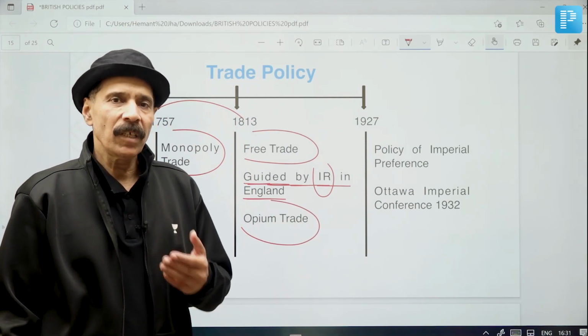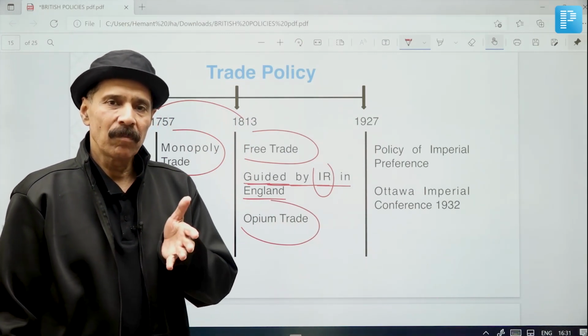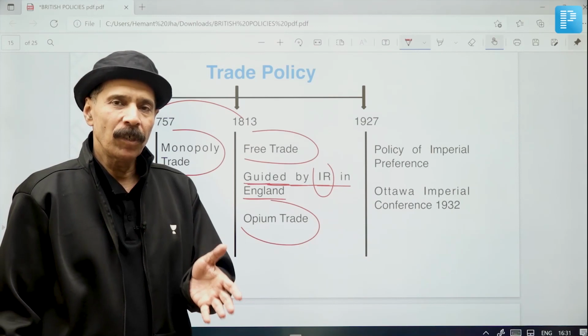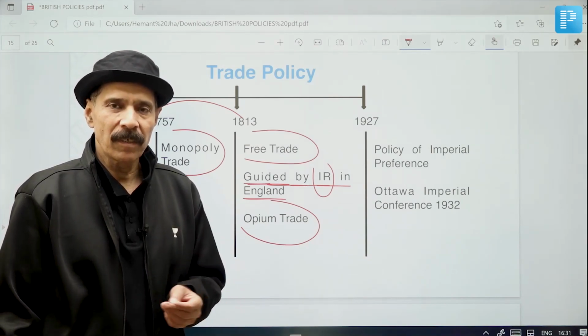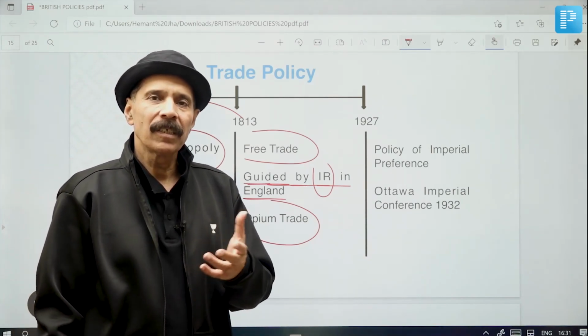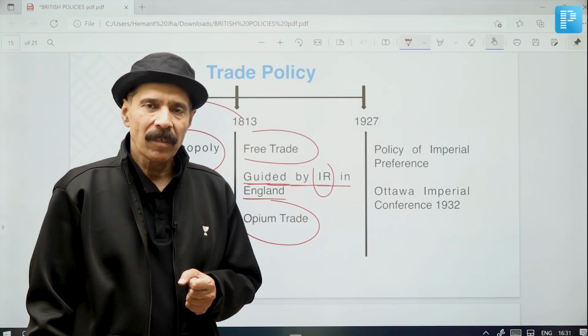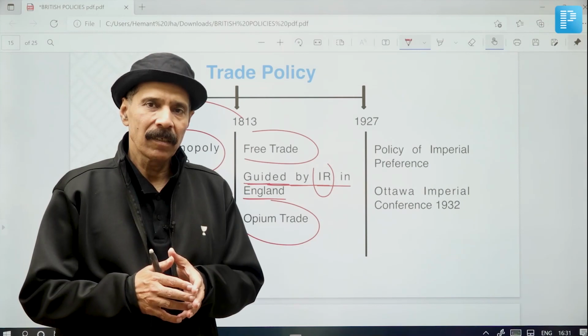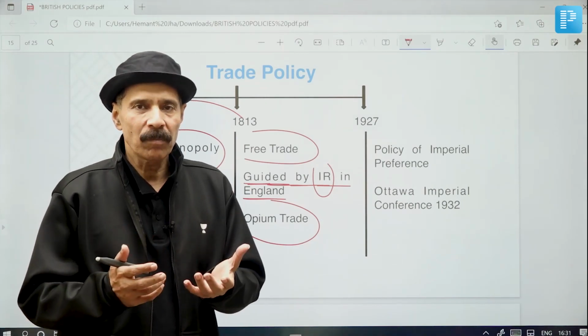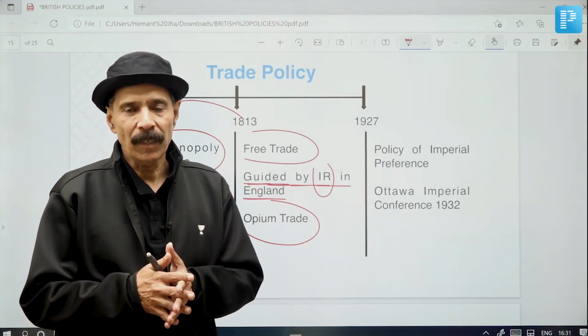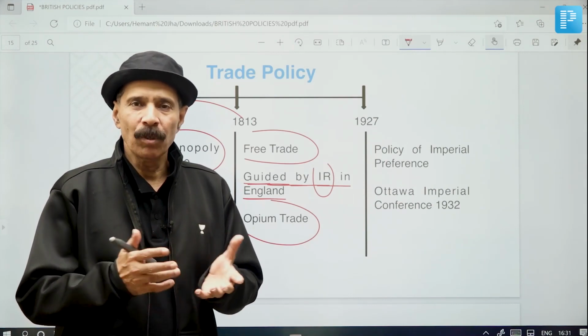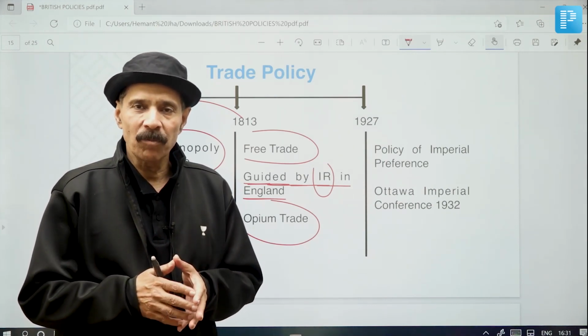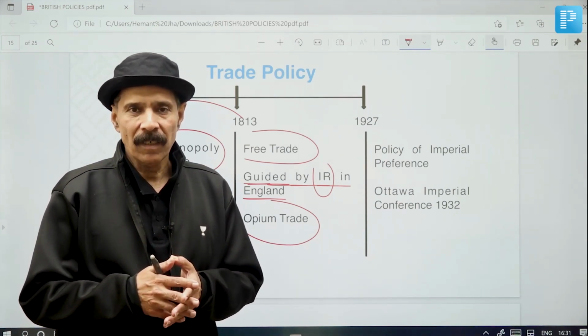The East India Company got involved in a trade process known as opium trade. This was trade with China. The company procured opium from India and sold the opium into China, and this was illegal trade because opium trade was not allowed in China.